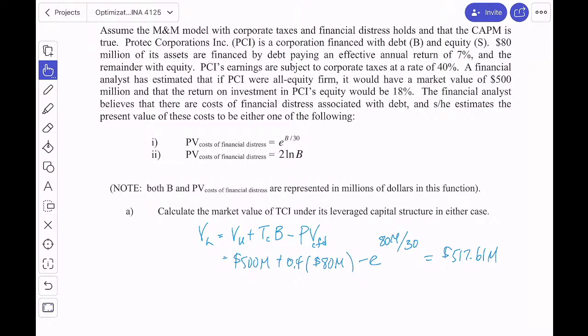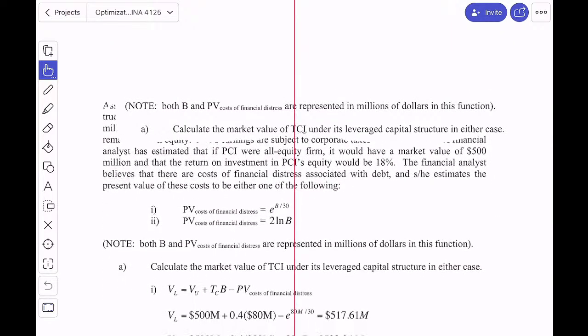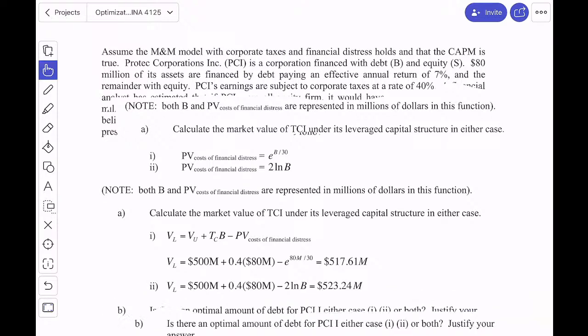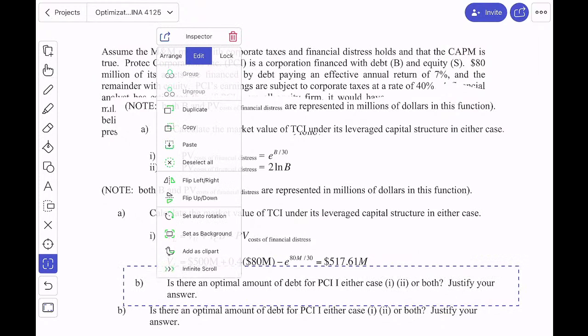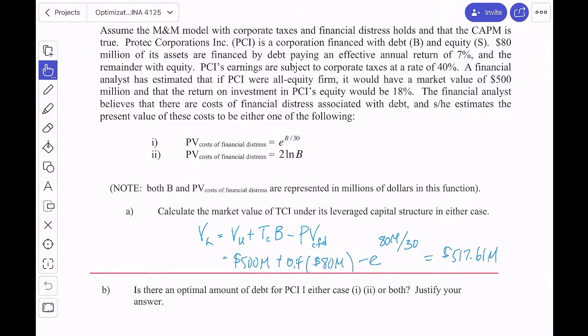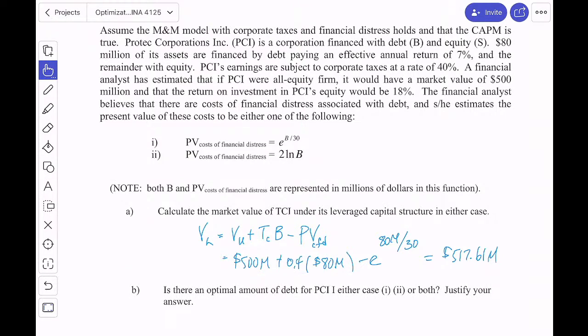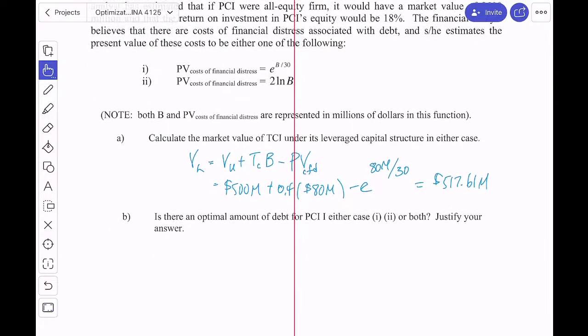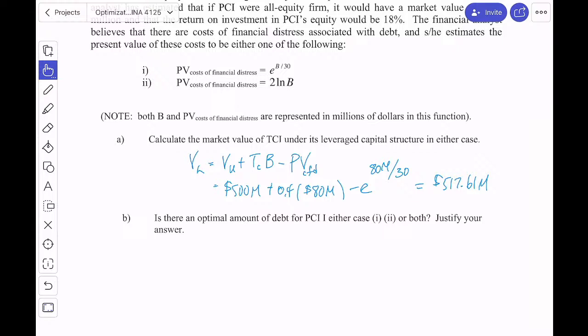So now let's find the optimal market value. So you take the equation, oh, I have to take the equation with my values inside.